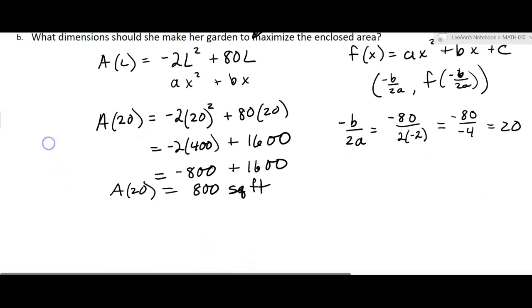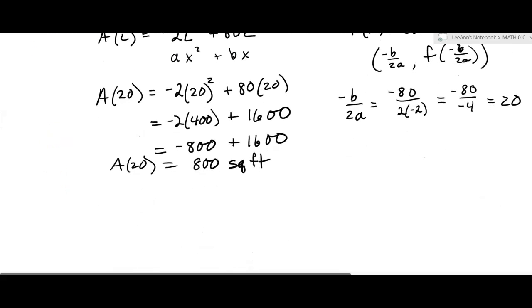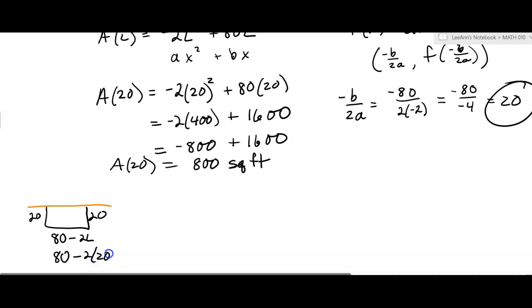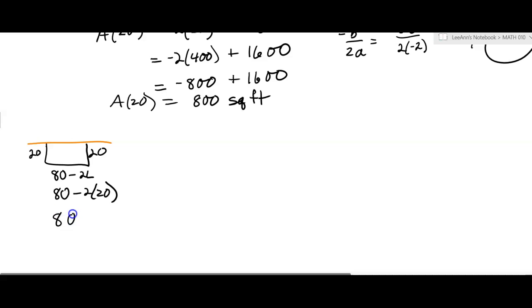So if you go back to the picture, which I'm not going to scroll up, I'm going to just draw it again. We had this shape, and we said the L was 20. That's the input. So this was 20 and 20 over here. Now I need 80 minus 2L, which is 80 minus 2 times 20, which is 80 minus 40, which would be 40.